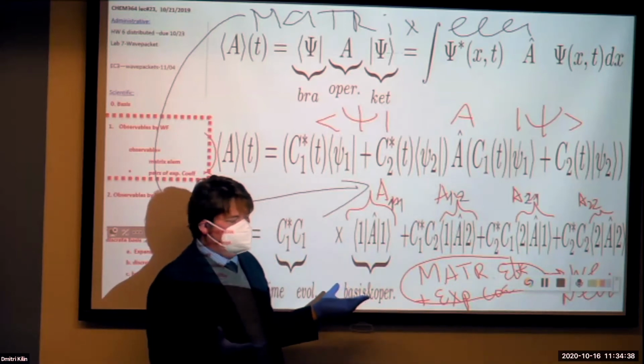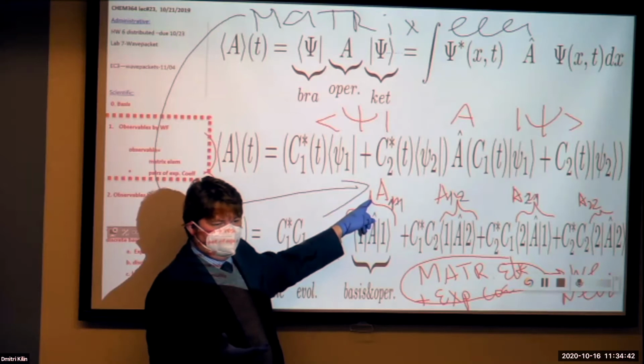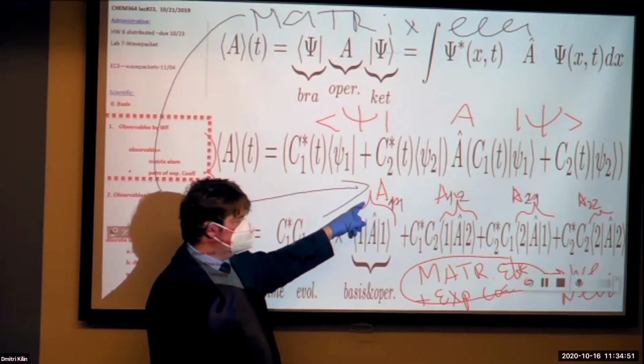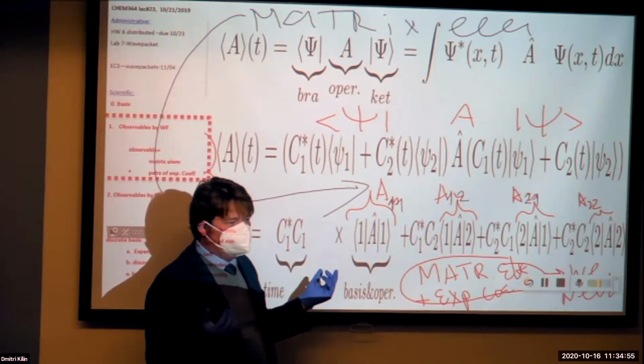So basically, this A something is an object with two indices. An object with two indices is comfortable to represent as a matrix. And it is something elementary. Therefore, we call it a matrix element.